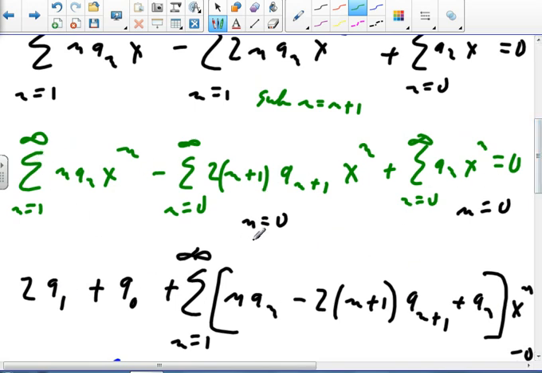Okay, I took off the n is equal to 0 term from that summation. Oh, that's how you get the 2a1. 2a1. Okay. I took out the n is equal to 0 guy here, a0. Okay. Plus summation n equal 1 to infinity of that coefficient minus that coefficient plus this guy, the whole thing x to the n.